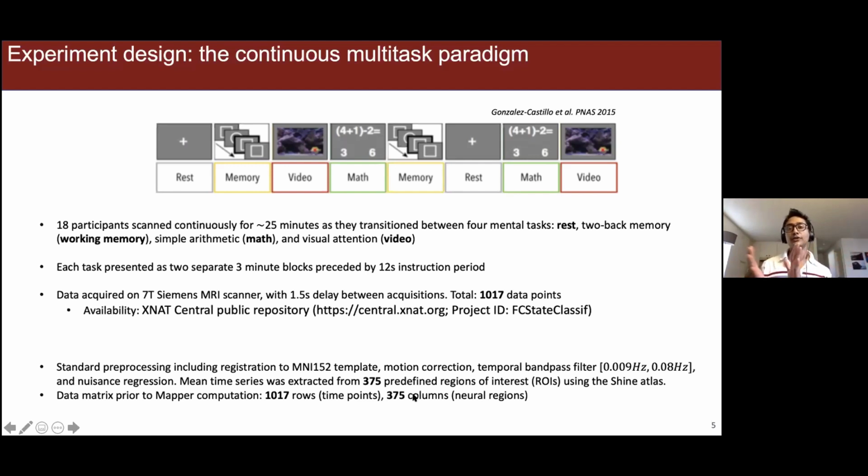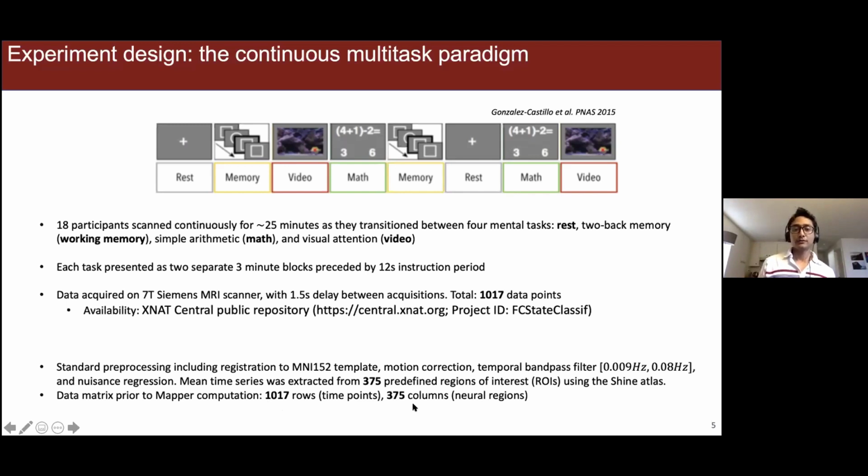The data is put into a 35-dimensional feature space, where you take the individual voxels that come from the fMRI data and push them into biologically predefined regions of interest. So this is the ultimate data before it goes into the mapper pipeline.